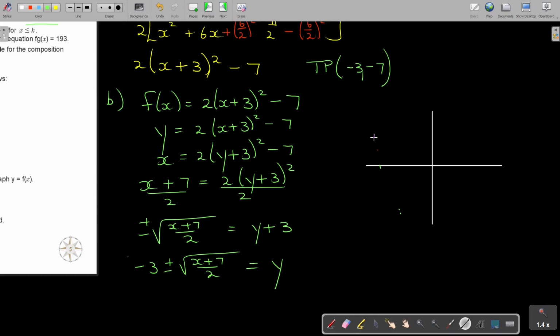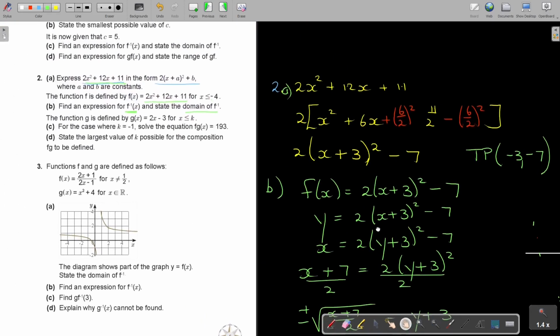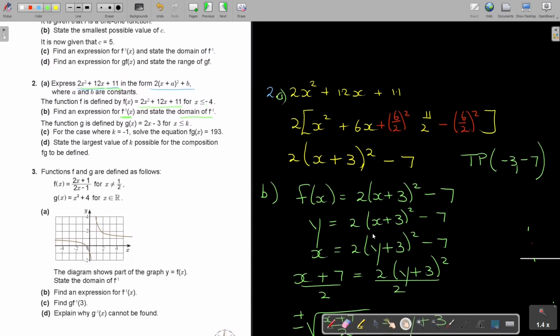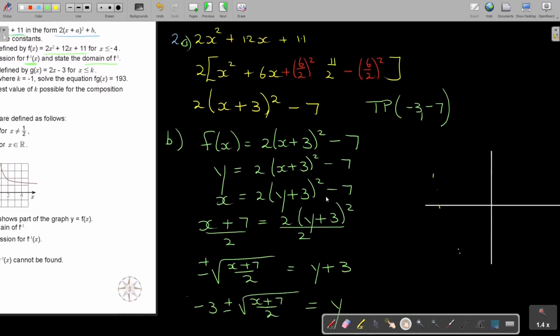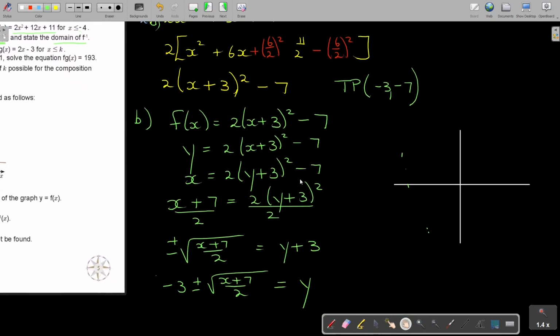But I told you also that if you look here, x is smaller than or equal to negative 4. So although the turning point, can I just show you first? Say the turning point is there, negative 3 and negative 7. Okay, so say something like that.